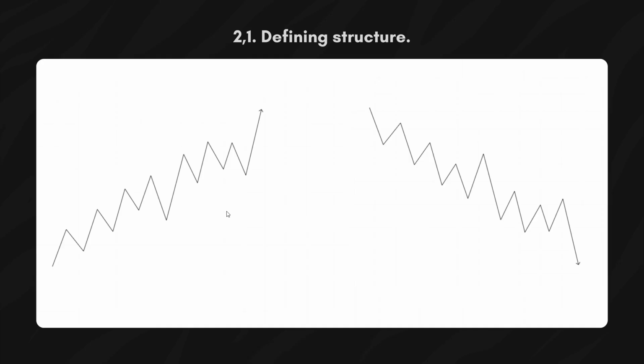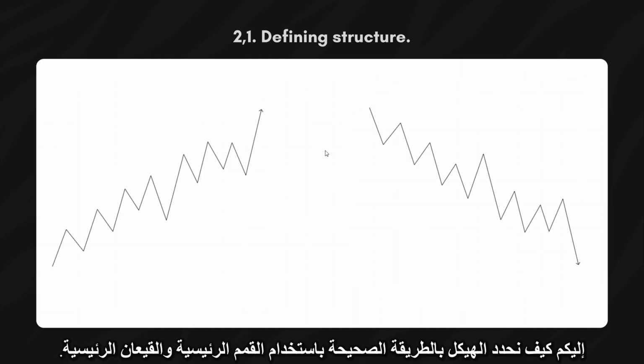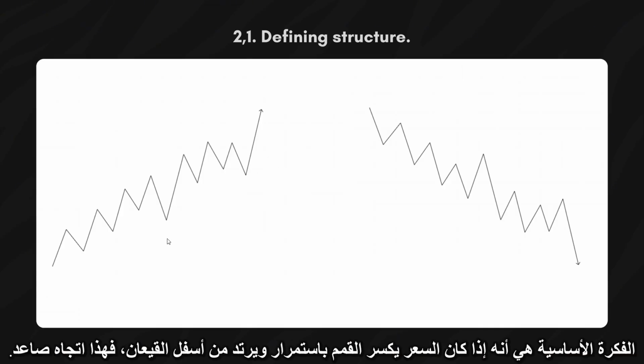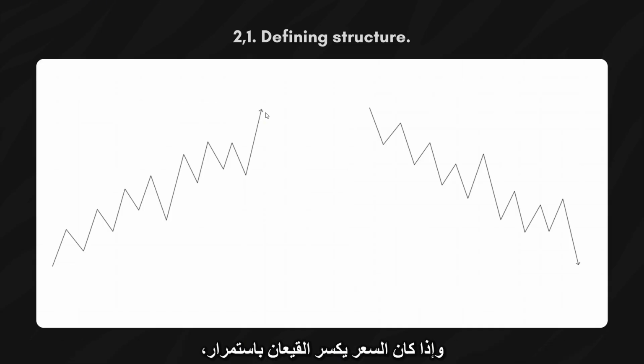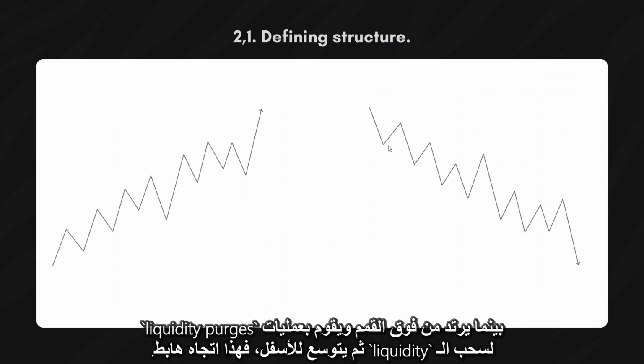Okay? Hope that's clear. So, here is how we actually define structure the right way using key highs and key lows. The basic idea is that if price is consistently breaking highs and rejecting below lows, that's an uptrend. And if price is consistently breaking lows while rejecting above highs and having these liquidity purges to take out liquidity and then expanding lower, then that's a downtrend.